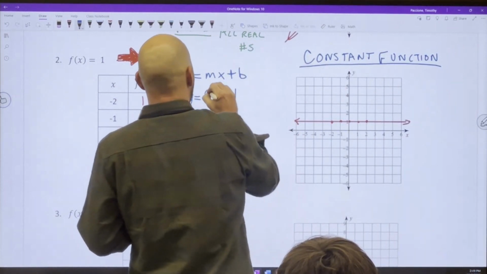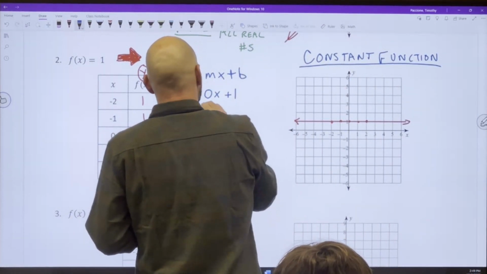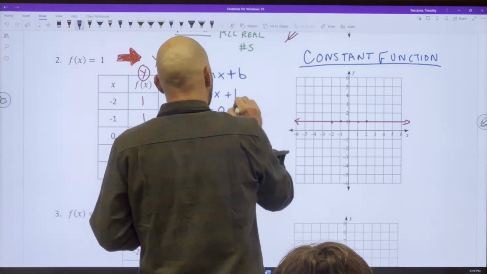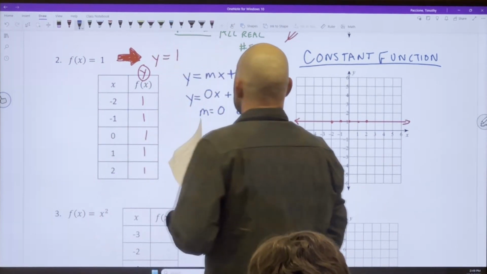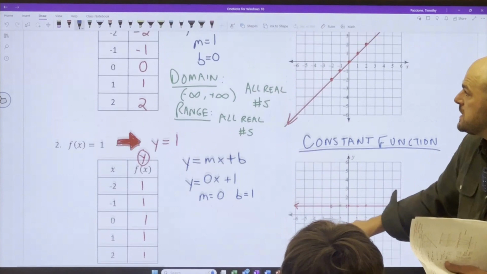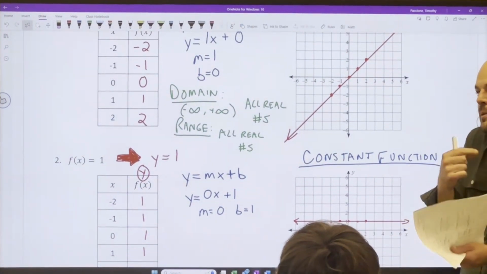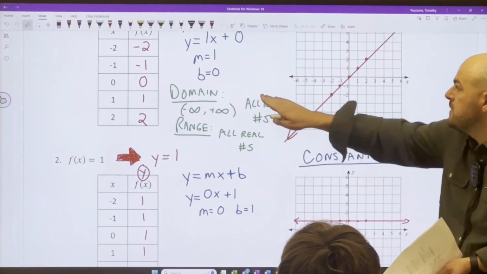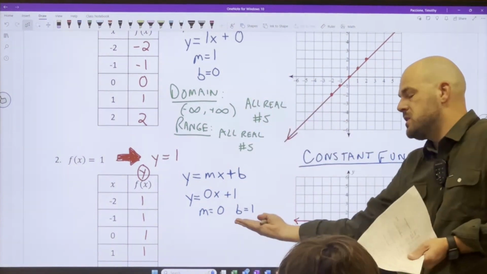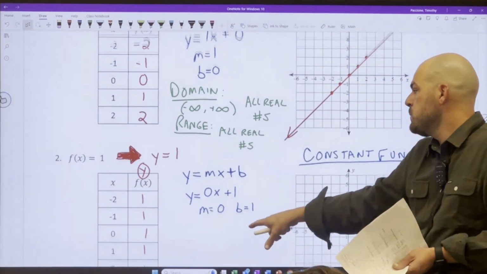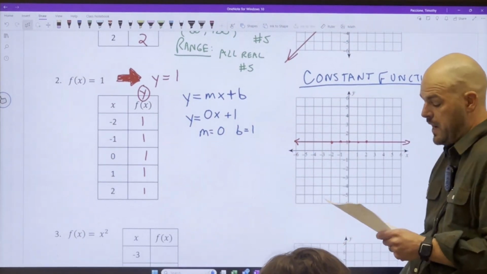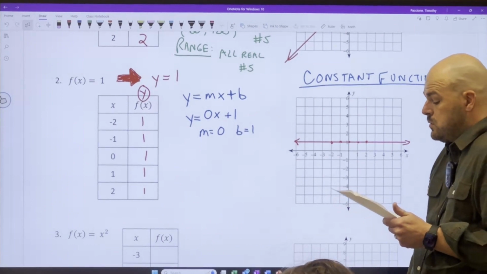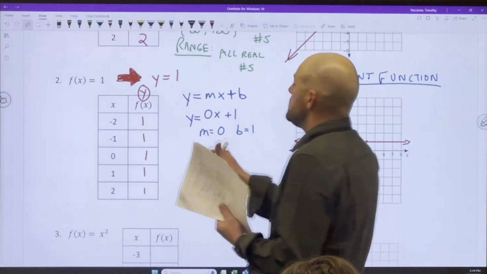So I have 0x + 1. So now I have an m of 0 and a b of 1. So it's just like this first example, but we've kind of flipped the simplicity, right? That one was simple in one way, this was simple in another way, right? Okay? So let's talk domain and range.